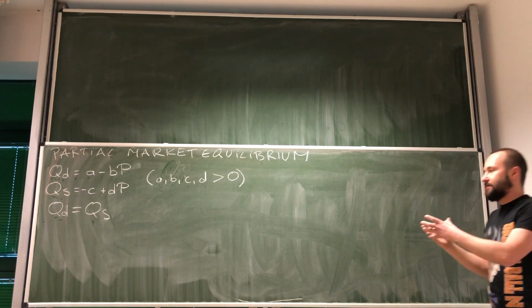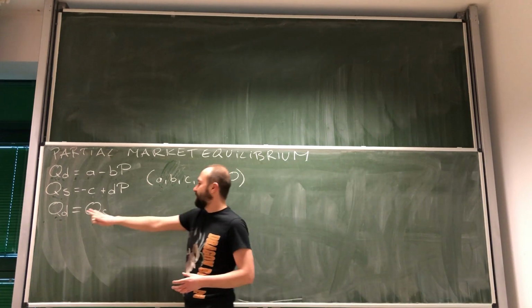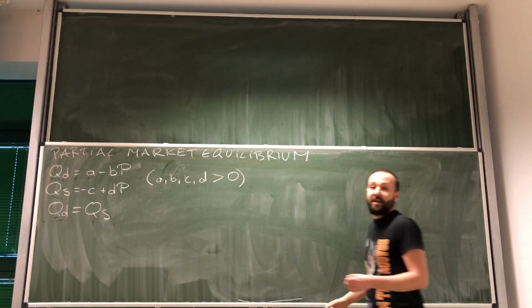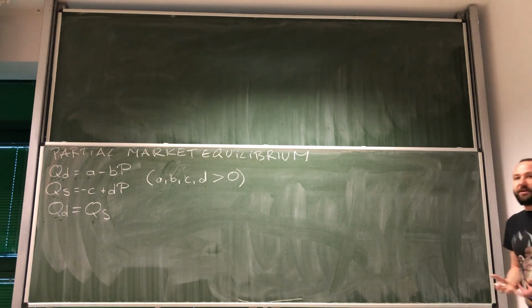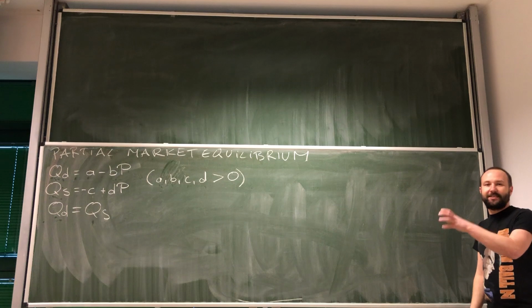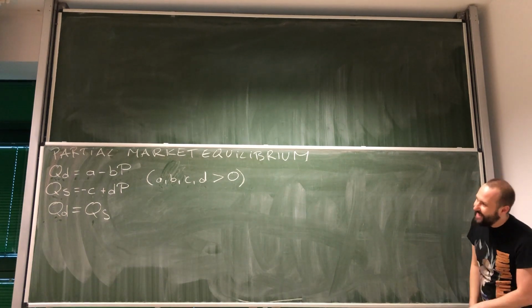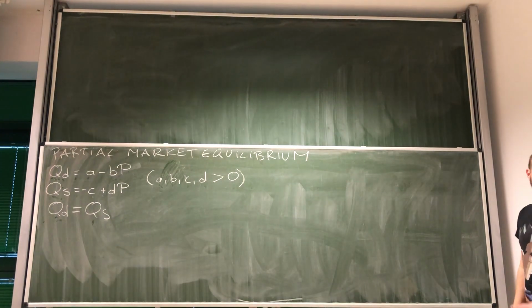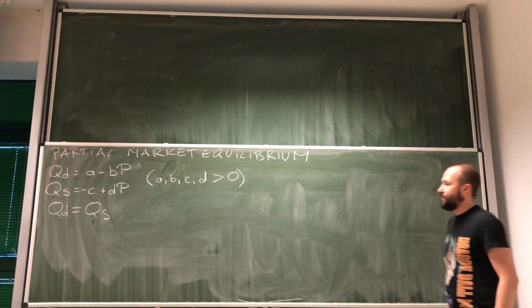And finally, the last one, quantity demanded equals quantity supplied. Well, that is an equilibrium condition. Here we see that if quantity demanded is exactly equal to quantity supplied, we will have equilibrium price and equilibrium quantity. So this is how we can actually solve this model.